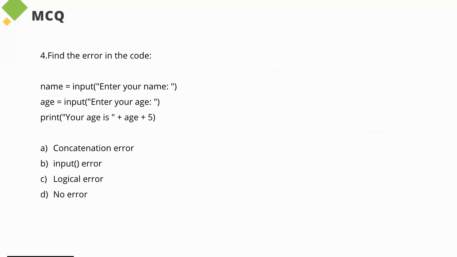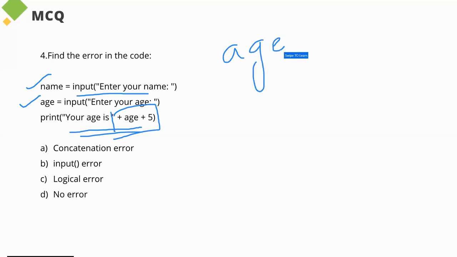Next question. This is a way of taking input. We have taken input name and age, and we want to print a string: your age is so and so. Here, the value to be printed is age plus 5.